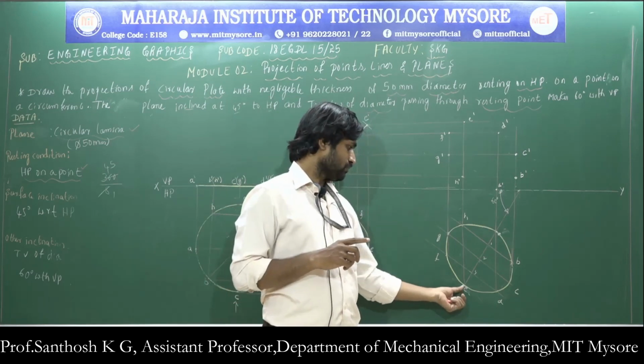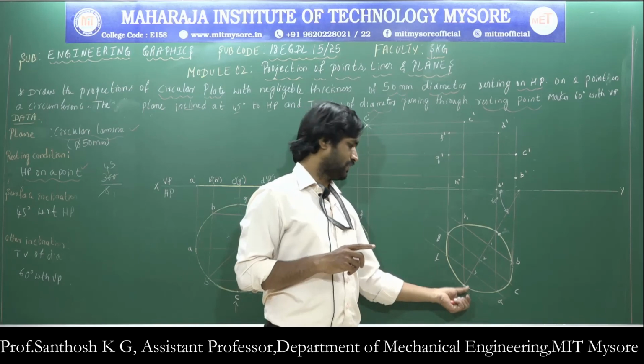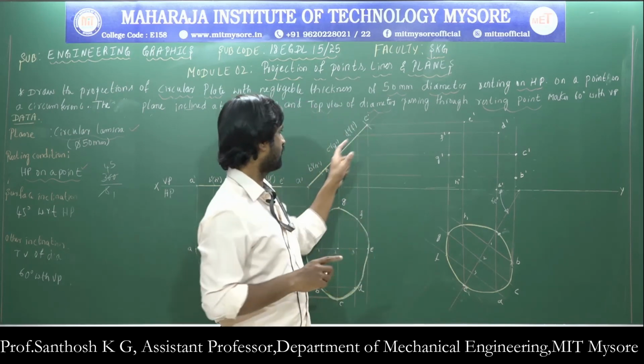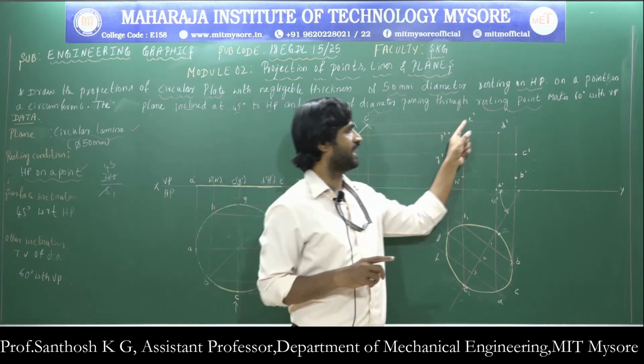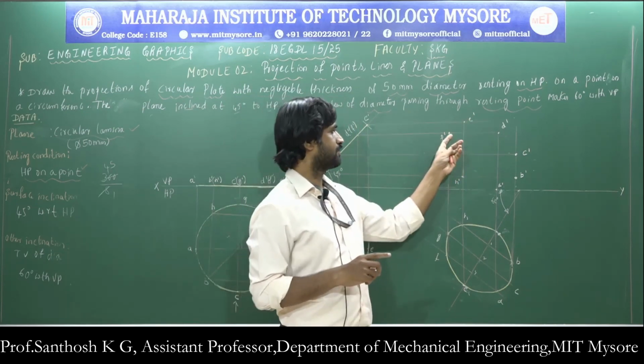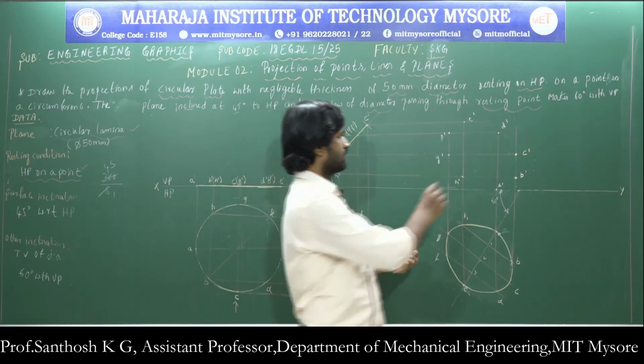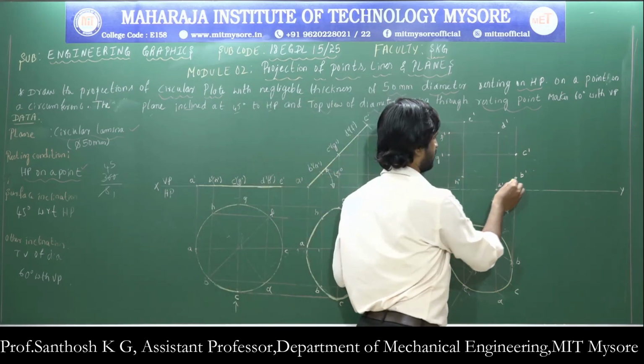Similarly, where the vertical projector drawn from point E and the horizontal projector drawn from E dash intersect, there you mark point E dash. Similarly, you mark the points F dash, D dash and H dash, then join all the points.